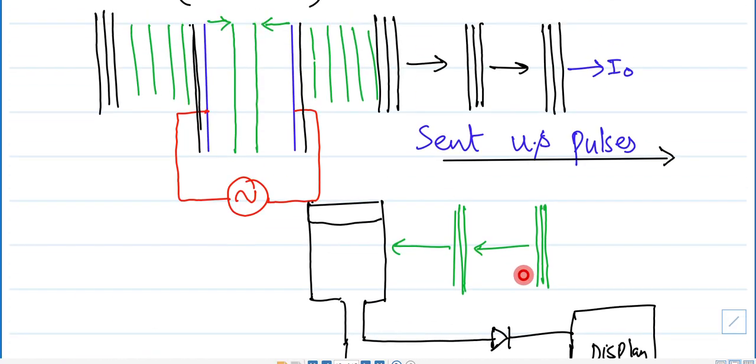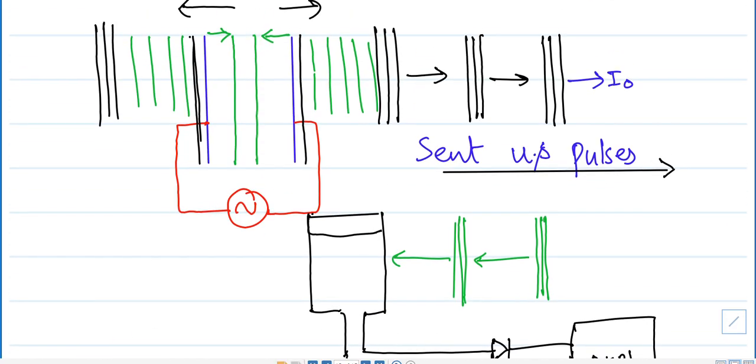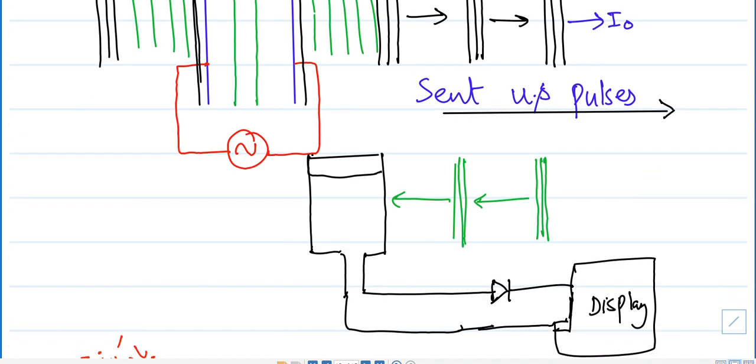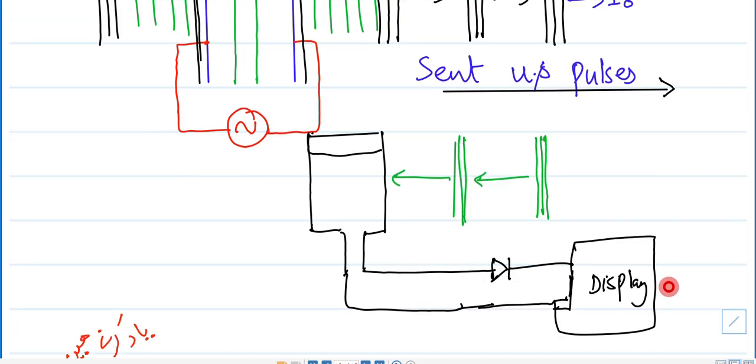During this receiving process, when these compressions reach the transducer, the electric field is changed again, and due to that electrical signals are produced. With the help of an amplifier, they are fed to the processor, and the processing machine converts those signals into images.